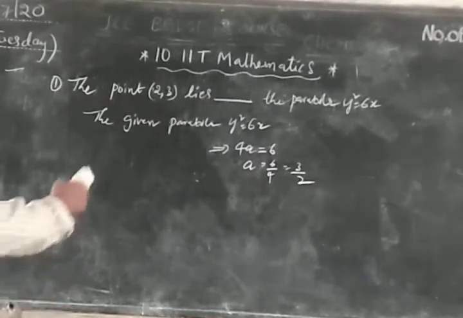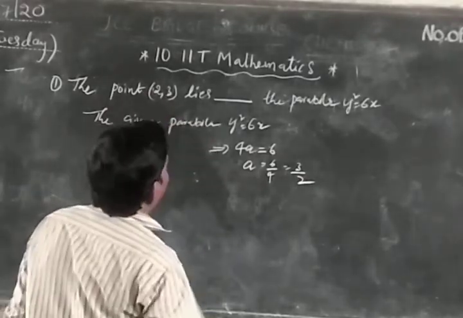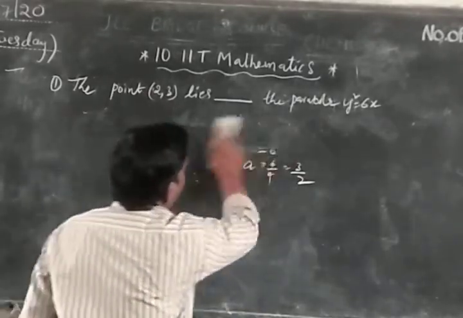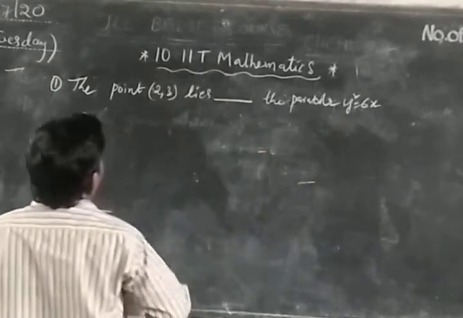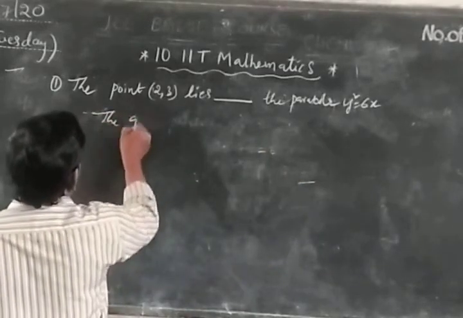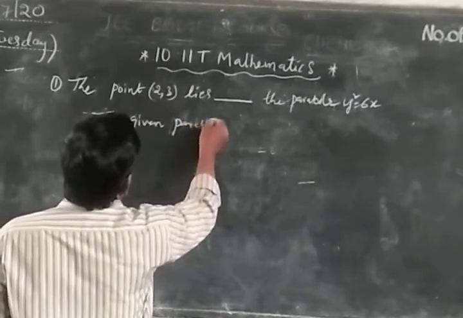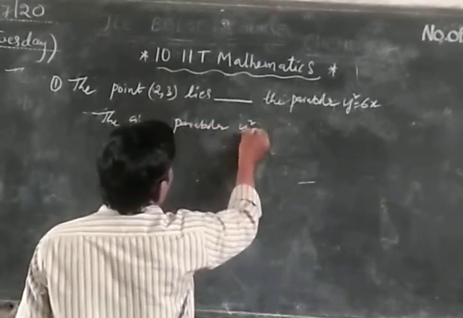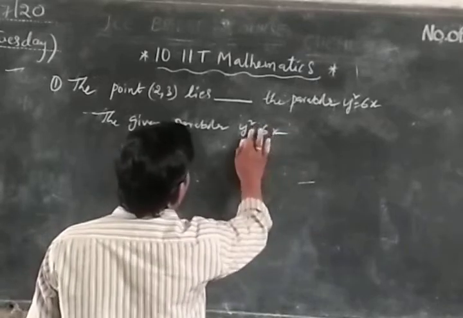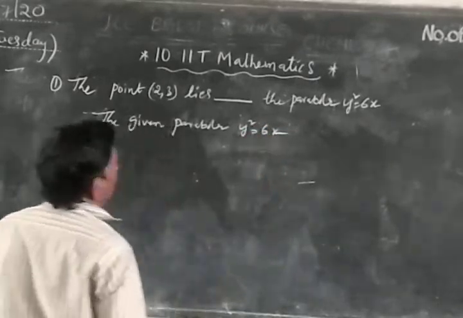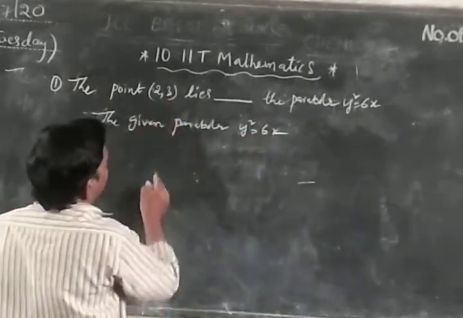Okay. In that problem, you need not find a. The given parabola is y square equal to 6x. Substitute the x and y values.